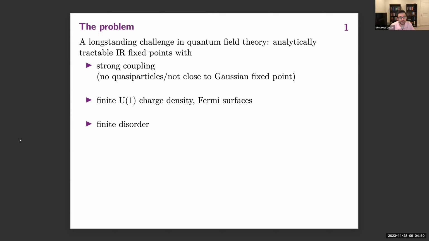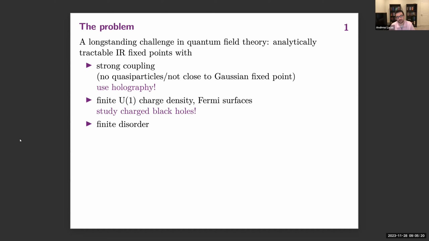This is a very hard problem a priori, but over many years, we've come up with some tricks for trying to tackle all of these points. Probably familiar to this audience, the strongly coupled problem we can address by attempting to use holography or AdS/CMT to describe strongly coupled theories.